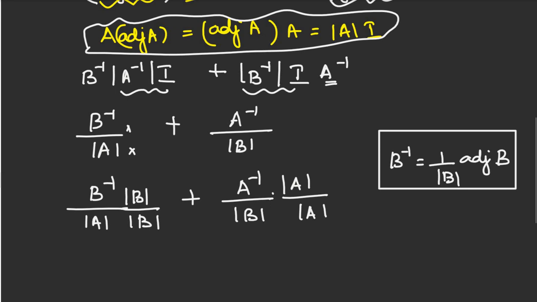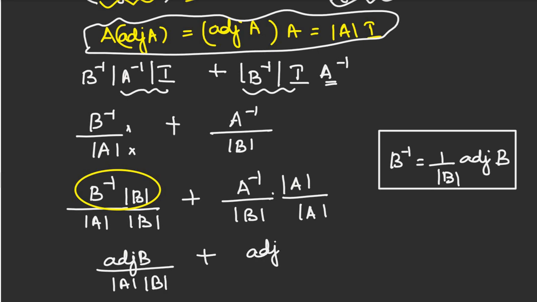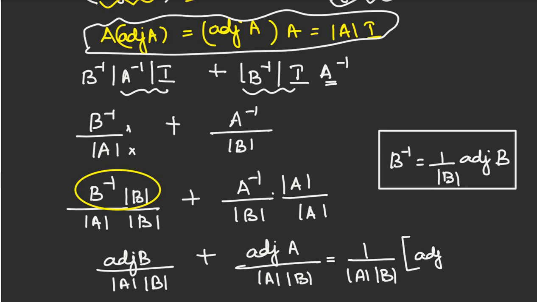B inverse into determinant of B is equal to adjoint of B. This can be written as adjoint of B by determinant of B into determinant of A. Similarly, the next term can be written as adjoint of A divided by determinant of A into determinant of B, which is equal to 1 by determinant of A determinant of B into adj B plus adj A.